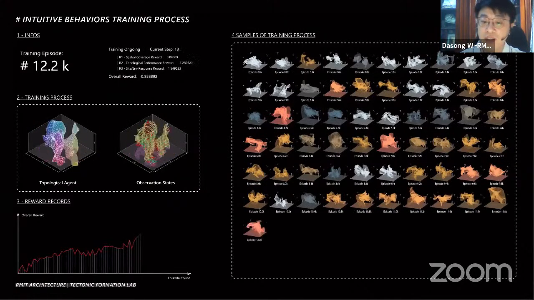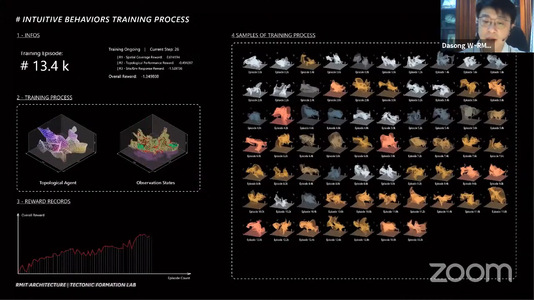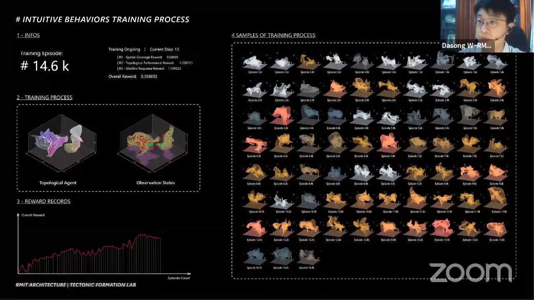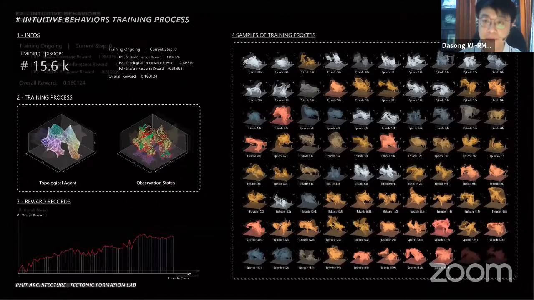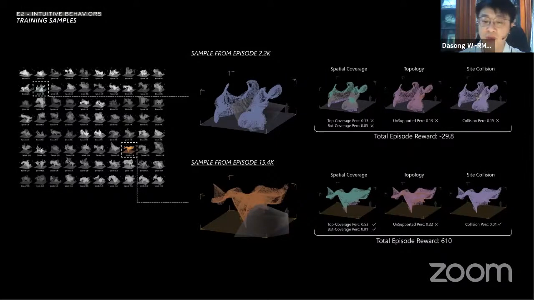More and more red samples appear on the right, which means that the system constantly evolves itself and behaves better and better towards the predefined global rewards. Zooming into two samples during the training process, the values towards the three defined rewards, spatial coverage, topological performance, and environmental response, have significantly improved respectively.